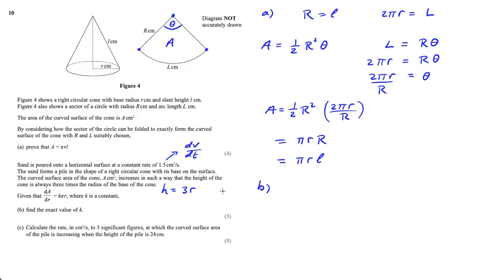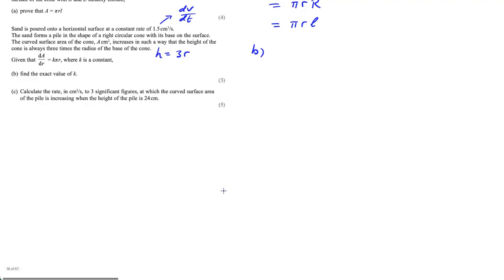I'm just going to move down here, guys, because I don't actually need any of that. Given that dA/dr is equal to k pi r, where k is a constant, find the exact value of k. Let me actually draw a cone, guys.